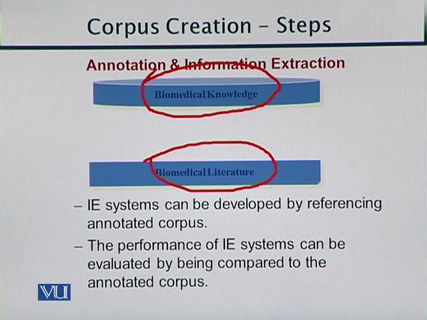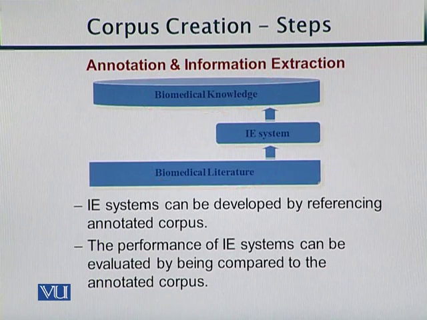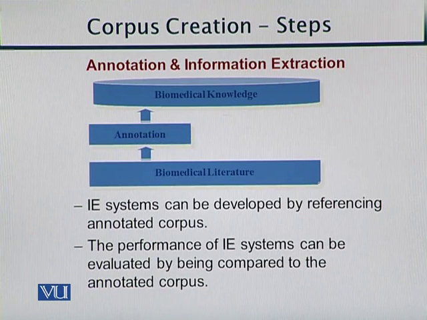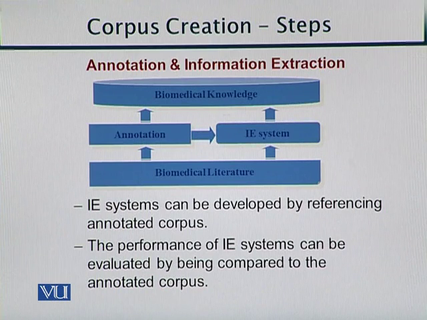Initially we have this information extraction system. It is a linkage between biomedical knowledge and biomedical literature. Then we have annotation, which is basically putting tags or labels on this data which is part of biomedical knowledge and biomedical literature. So finally we have a relationship between annotation and information extraction.